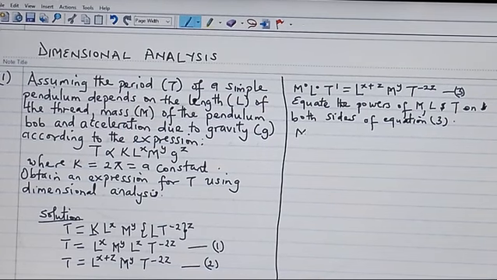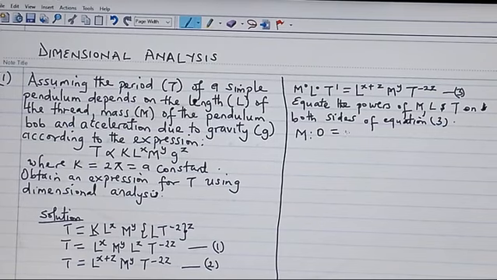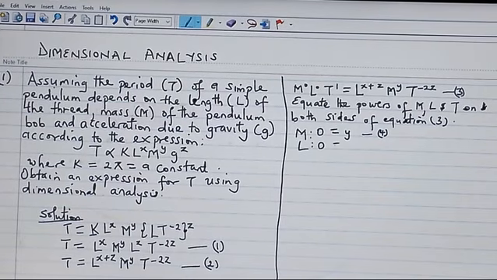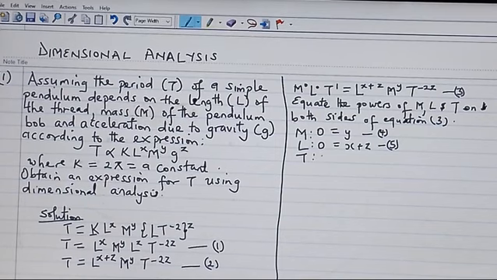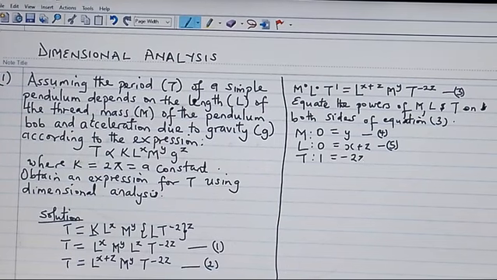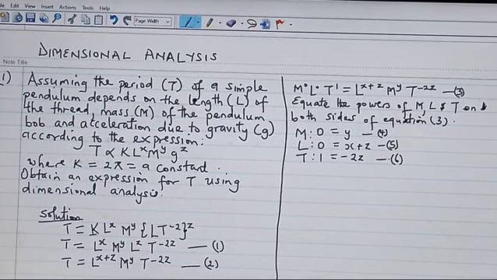So for M, on the left-hand side, we have 0. On the right-hand side, we have Y. Call this one equation 4. For L, on the left-hand side, we have 0. On the right-hand side, we have X plus Z. Call this one equation 5. For T, on the left-hand side, we have 1. And on the right-hand side, we have minus 2Z. Call this one equation 6.